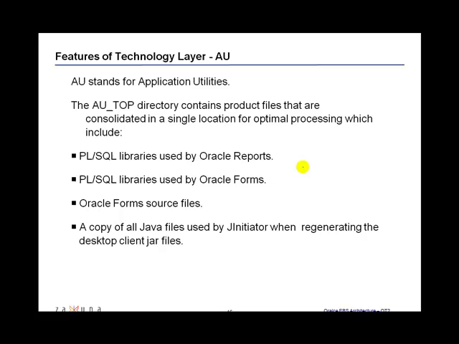And the AU top directory contains the product files, which are all consolidated into one single location for optimal processing. So if you want to find out a specific Oracle form or an Oracle report that is being used in the application, all those files are stored under AU top.